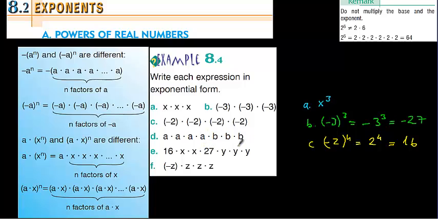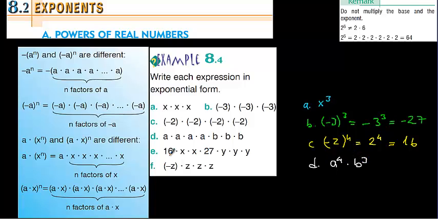Here a and b are different terms, that's why we cannot multiply them by each other, and we need to write them separately. I'm going to write 8 times a, there are 4 a's, so a to the power of 4, and there are 3 b's, so b to the power of 3. We should separate like this.